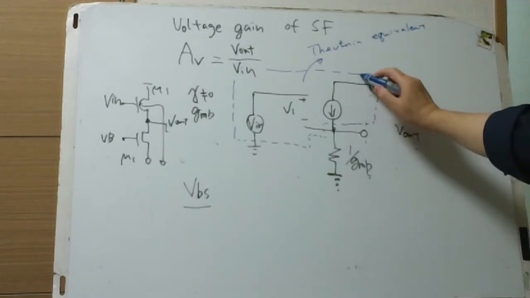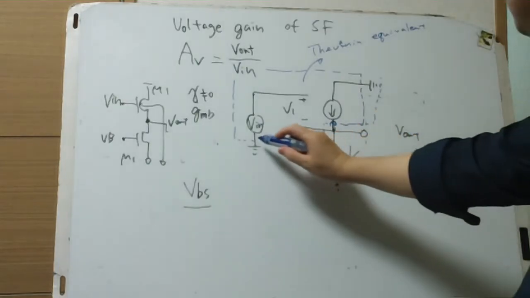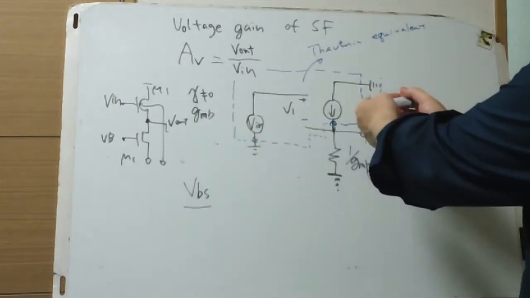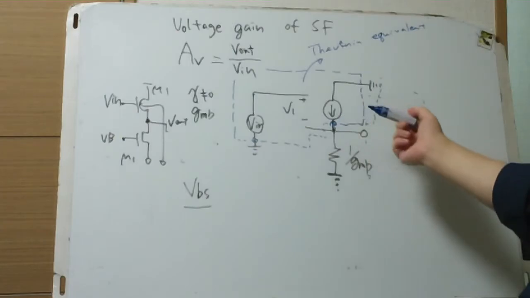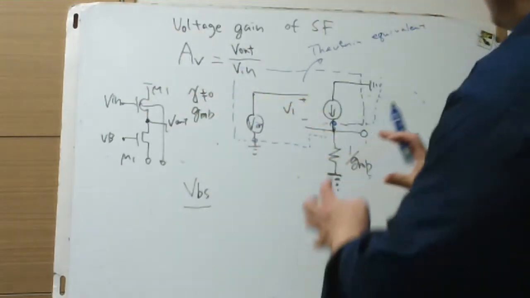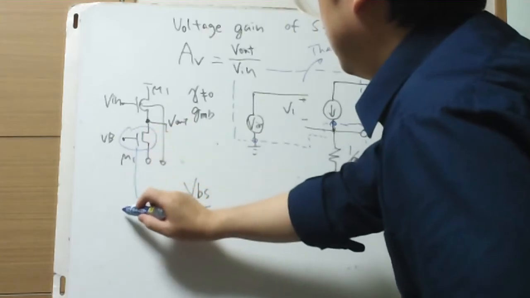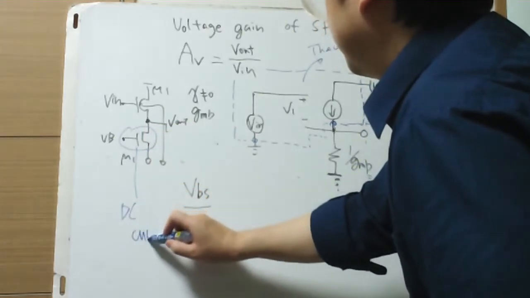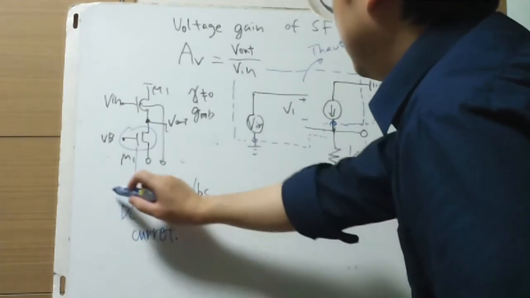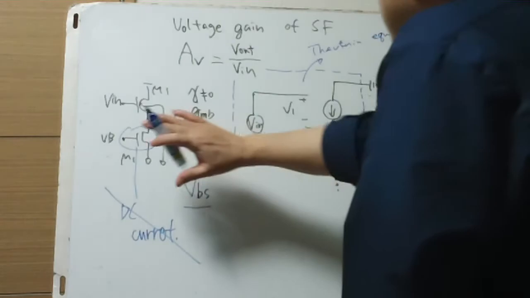This is ground, this is the output node, and this is ground. Looking at the M1 port, this is DC current and neglected, as DC voltage is neglected, shorted to the ground, and this is open circuit.